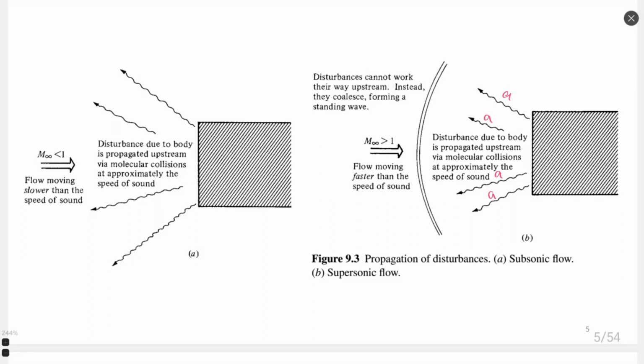We know that the speed of sound is different at each point, so it is a field of flow property. We can remember that the speed of sound is calculated as the square root of gamma R T, where temperature always depends on coordinate.